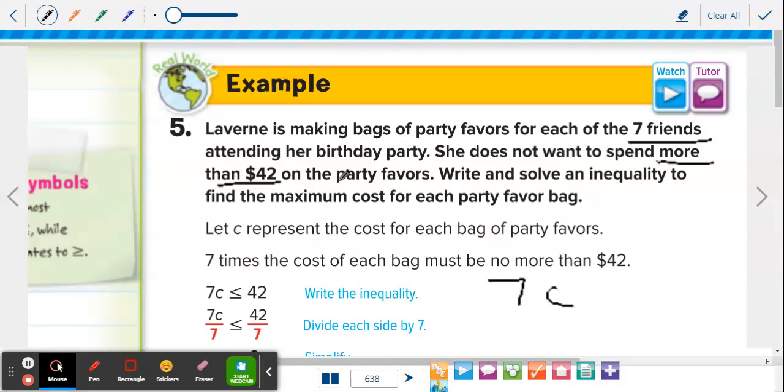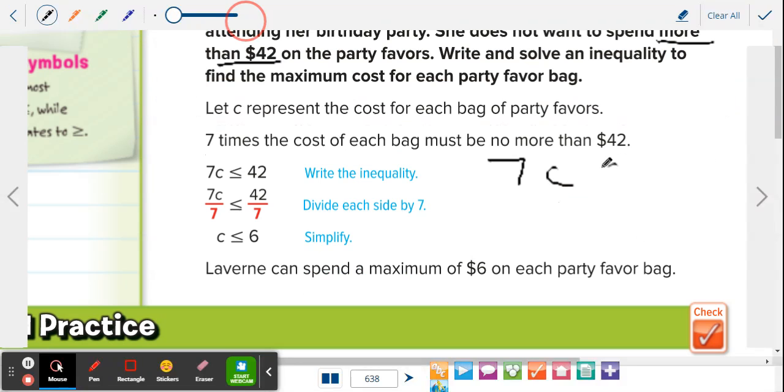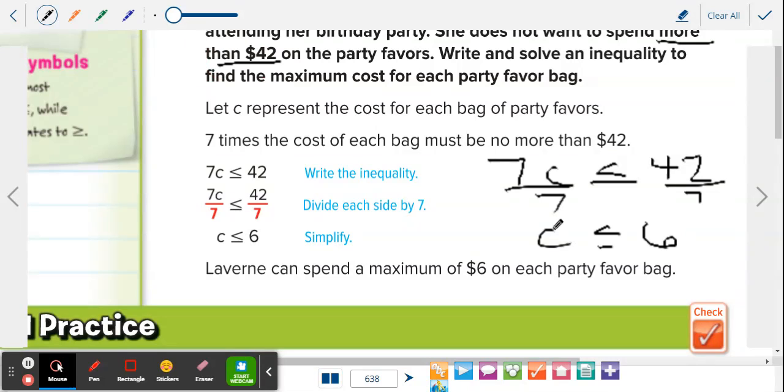Okay, can she go over $42? No, but can she spend $42? Yes. So it would be less than or equal to 42. So that's written out. Now we just solve it. So what do we do to solve for C? Divide by 7. So C is less than or equal to 6. So this means the most she can spend is $6 on each bag. That's what they're looking for.